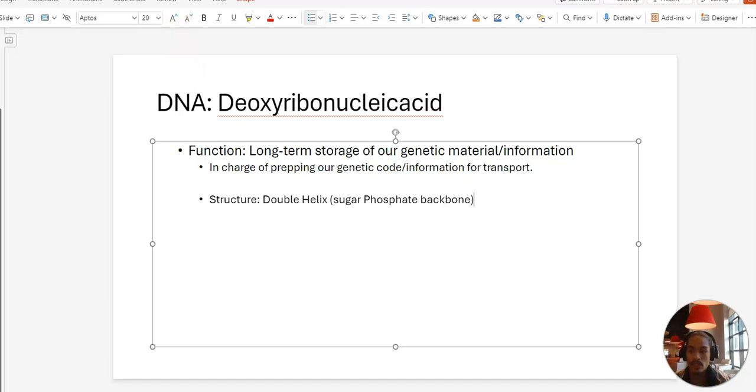So let's get our pen. This is going to be a rough drawing of our sugar phosphate backbone. This basically holds our DNA together. It holds it together so there's a structure, because our body is pretty efficient at keeping things in order.